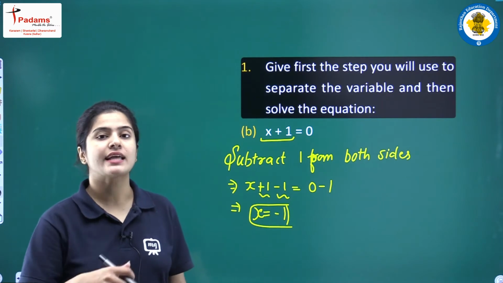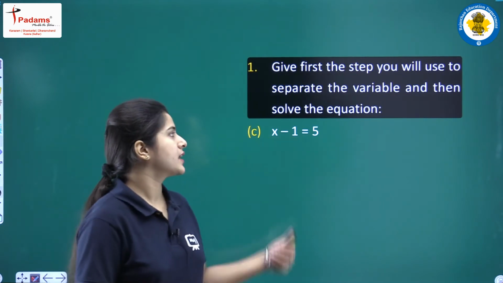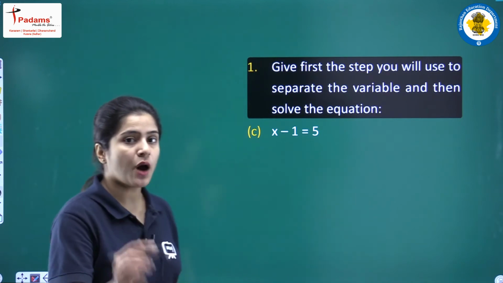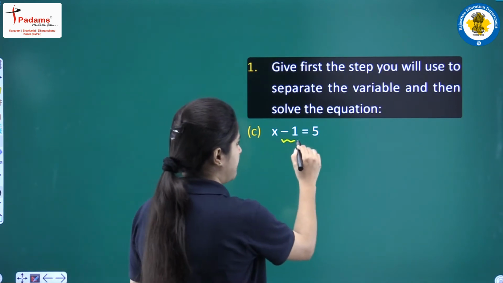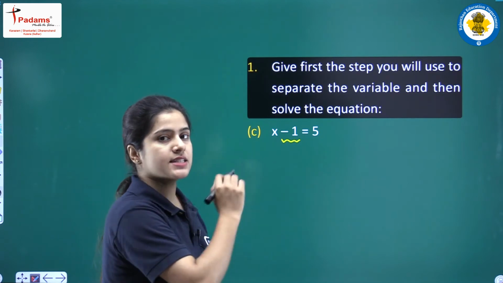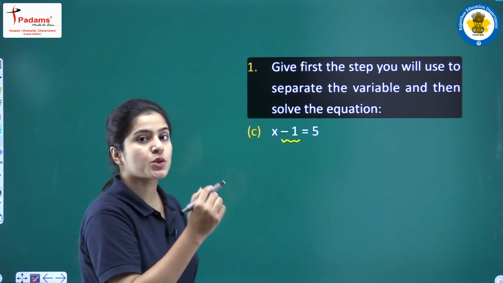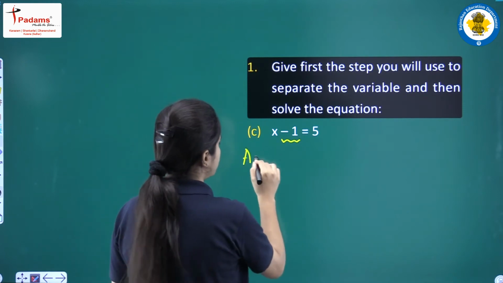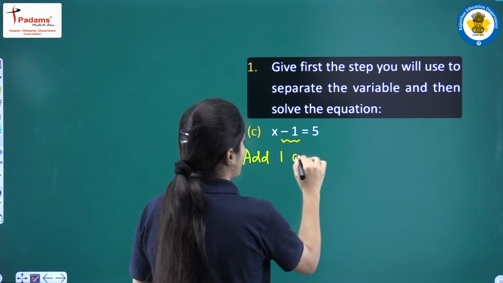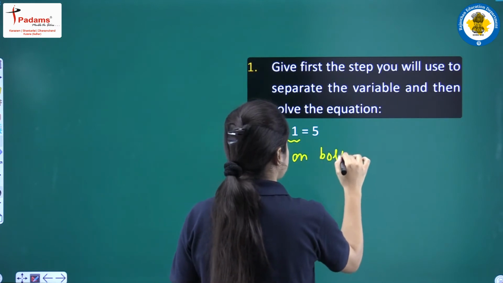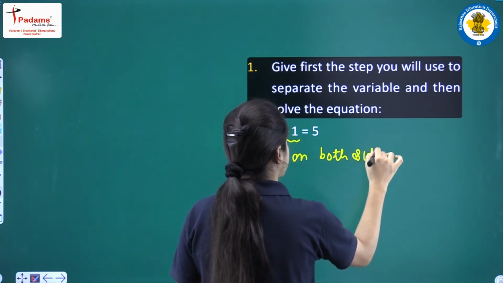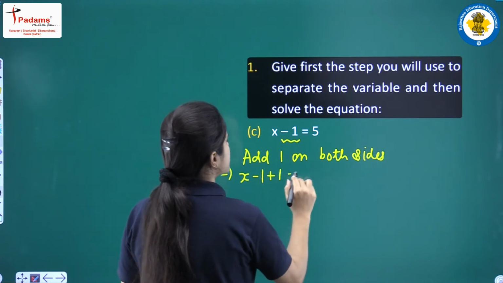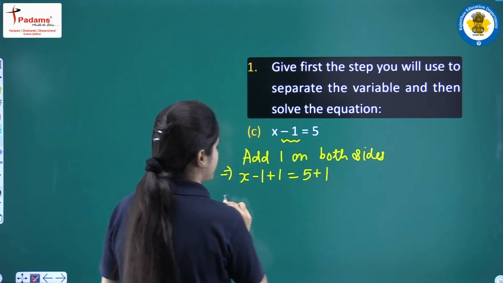Now students, looking at another question, that is x minus 1 is equal to 5. We have to do the first step to eliminate this. This is in subtraction with the x, so we will add the same number, adding 1 on both sides. x minus 1 plus 1 is equal to 5 plus 1.